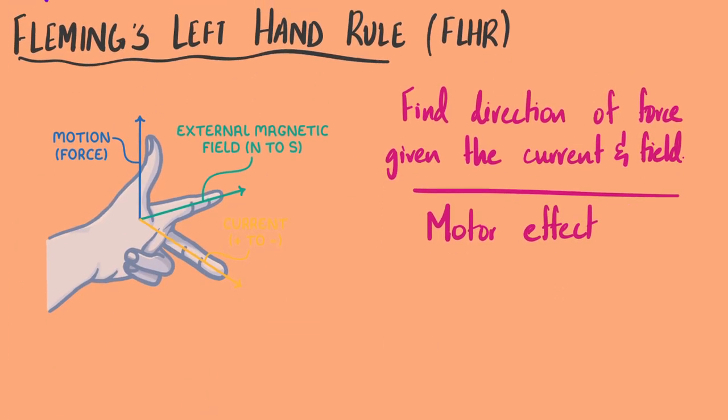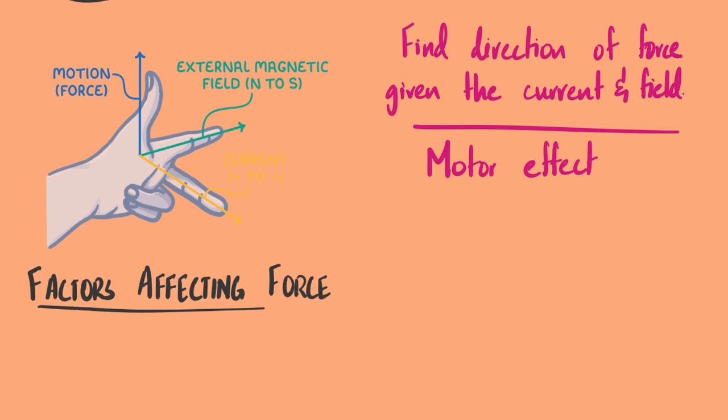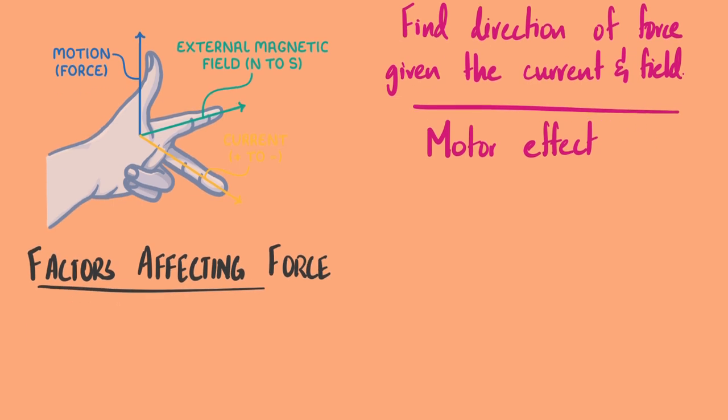Now with Fleming's left-hand rule, this just gives us the direction of the force. We don't have a lot of math involved related to the force, but we do need to know the factors affecting the force on such a conductor which is placed in a magnetic field. There are really just three.